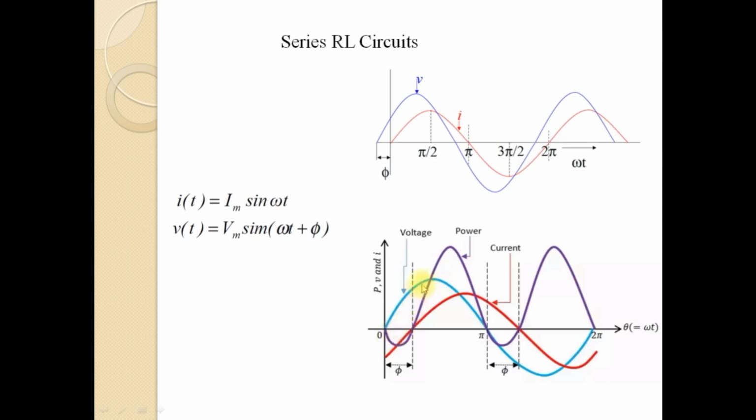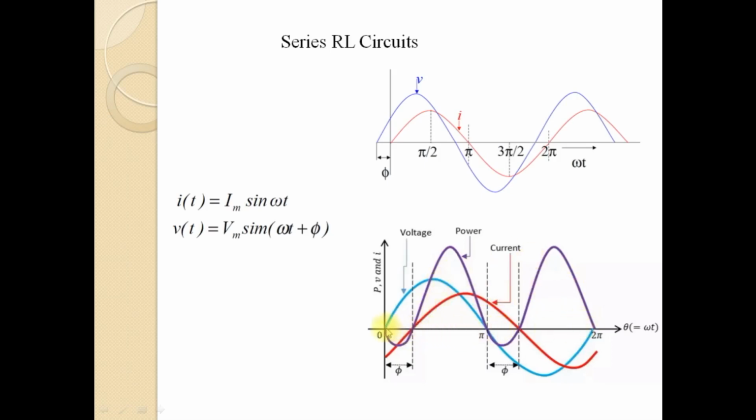Now if you consider the total power over a complete cycle, this is one complete cycle, and you can see that the positive power or positive area is higher than the negative area. So if you sum up all the areas, positive and negative, of the power variation, you can see that the total sum will always be positive, because this negative area is magnitude-wise less than these positive areas.